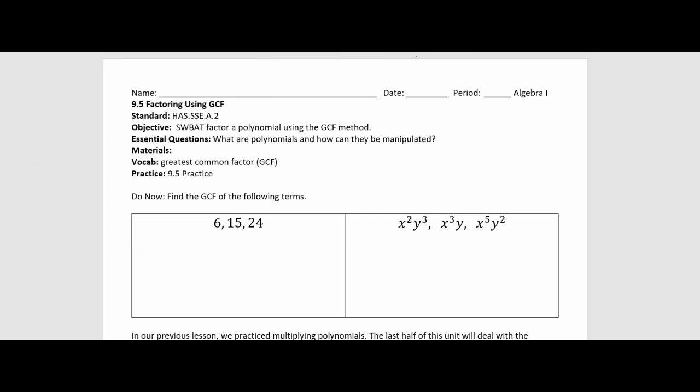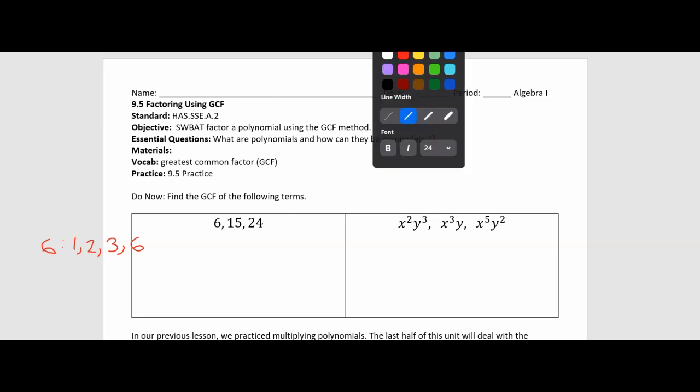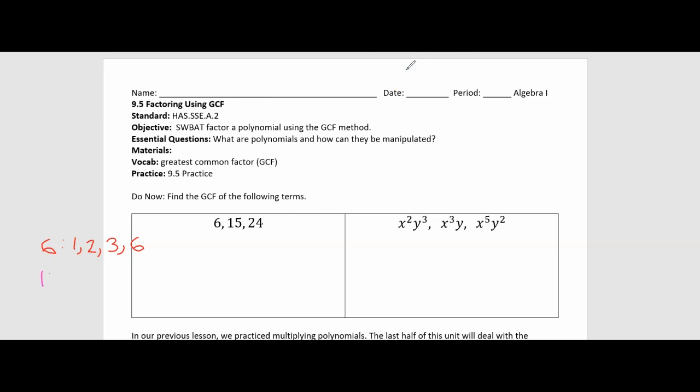So if I think about the factors of 6, well, 1 is a factor of 6, because I can divide 6 by 1. 2 is a factor of 6, 3 is a factor of 6, and 6 is a factor of 6. So the factors of 6 are 1, 2, 3, and 6. If I do 15, well, of course, I have 1. I've got 3. I've got 5.